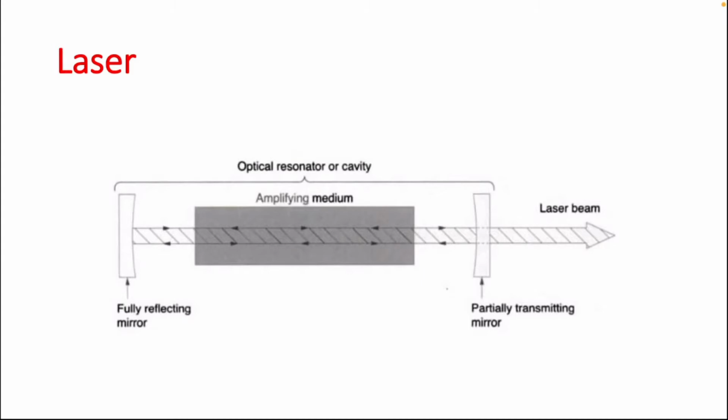As for the mechanism of light amplification, the components are a resonator or an energy source that powers an amplifying medium surrounded by two reflecting mirrors, one fully reflecting and one partially reflecting.